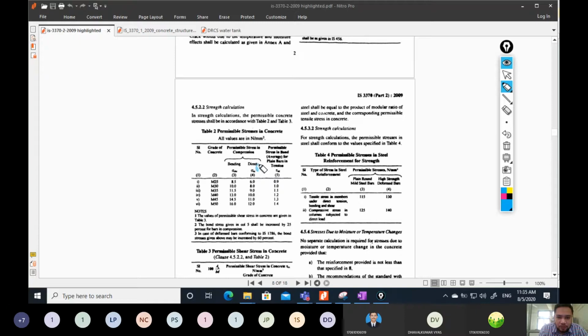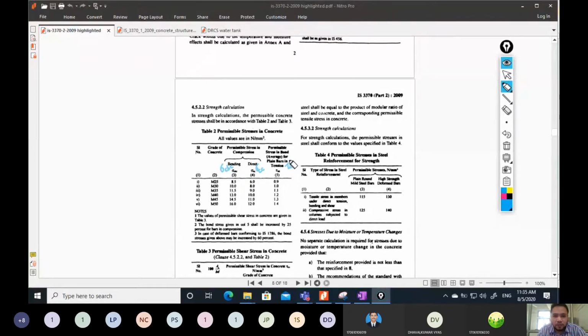This value is sigma CC, permissible stress in concrete due to direct compression, and this value is sigma CBC, permissible stress in concrete due to bending compression. For different grades of concrete you can have these values, and this value is the permissible value of the shear stress, tau BD.